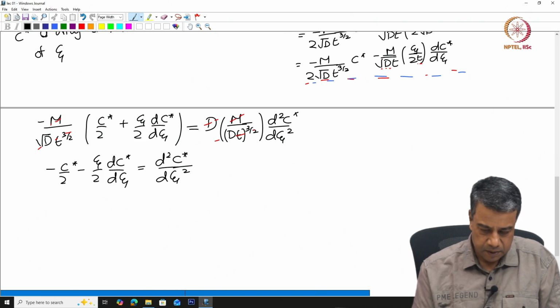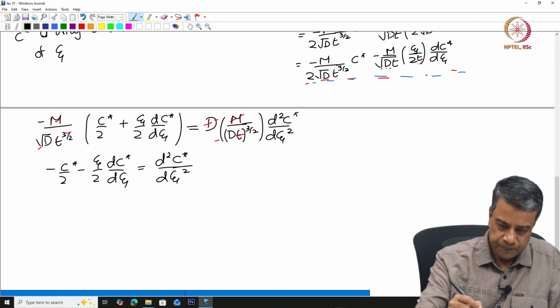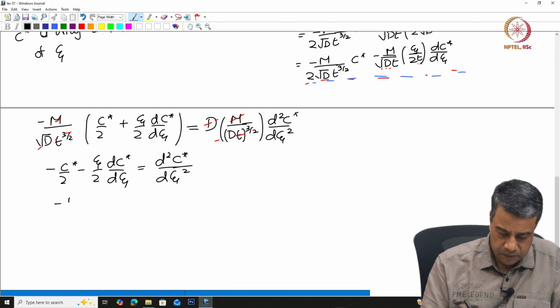And this left side I can write as minus 1 by 2 d of C star psi by d psi.